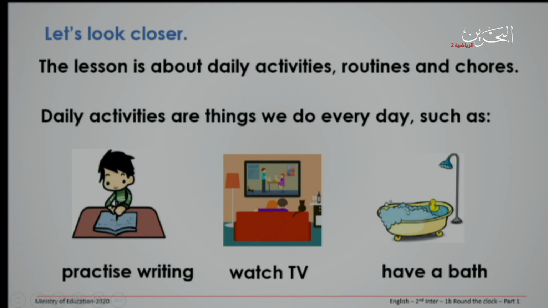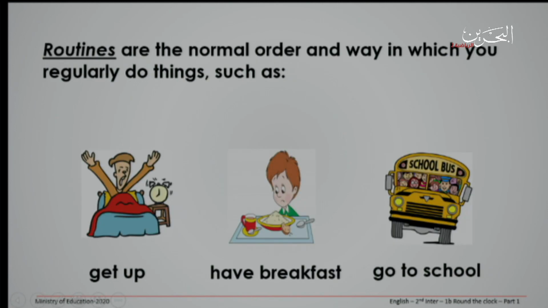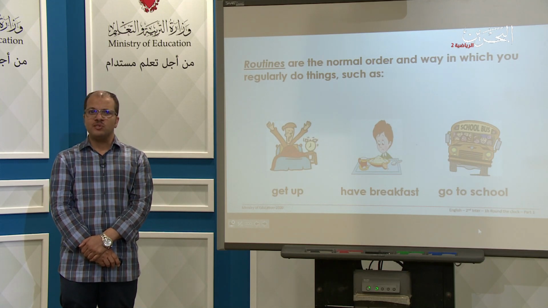Daily activities are things we do every day, such as practice writing, watch TV, and have a bath. While routines are the normal order and way in which you regularly do things, such as get up, have breakfast, and go to school.